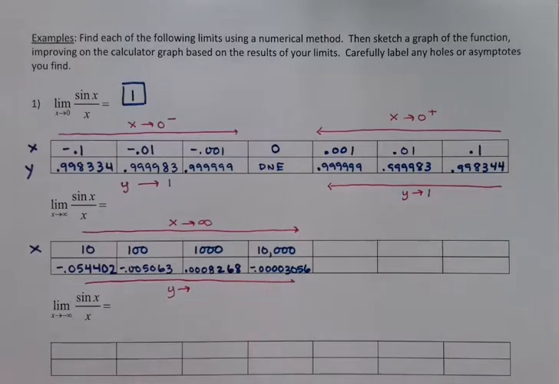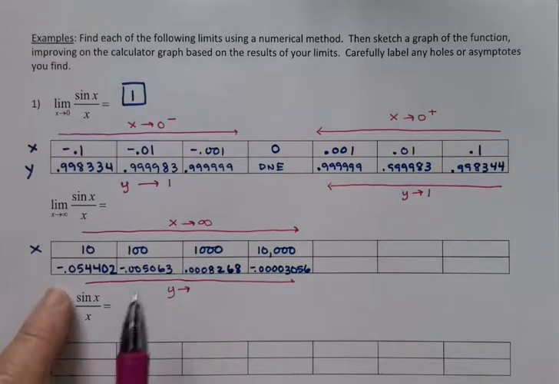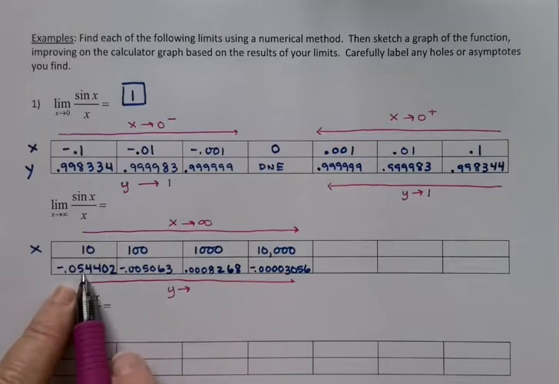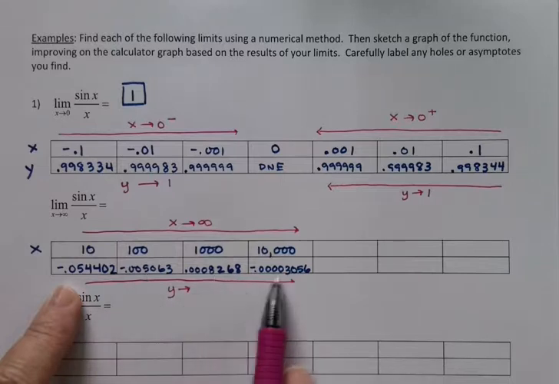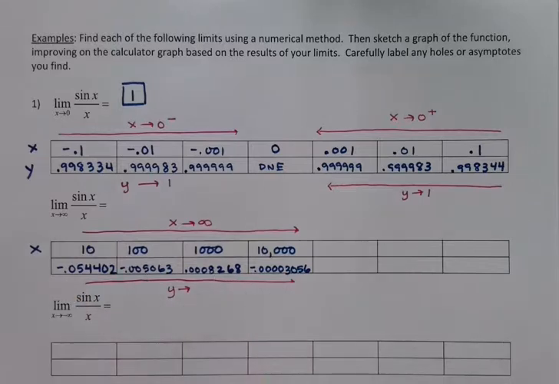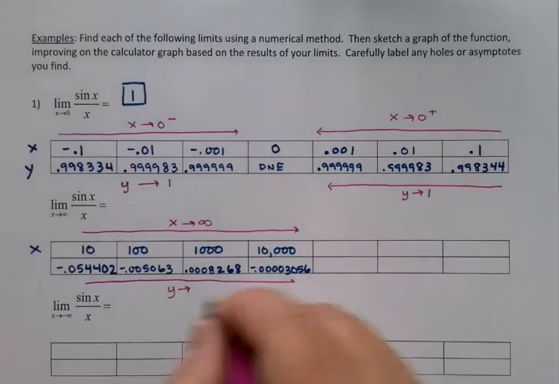The signs do change from positive to negative, but notice here, this is in the hundredths. Here the first non-zero digits, the thousandths, the 10,000ths, the 100,000ths. These values are coming closer and closer to 0 all the time.